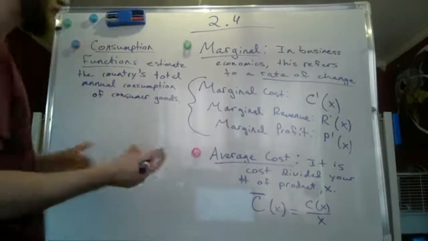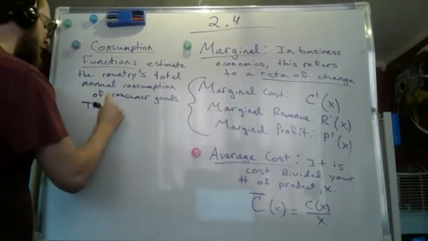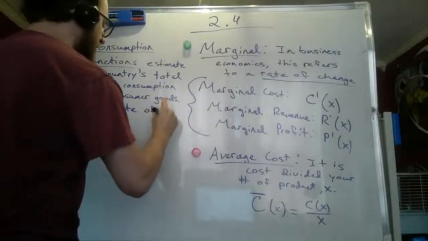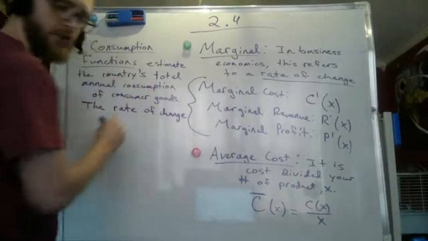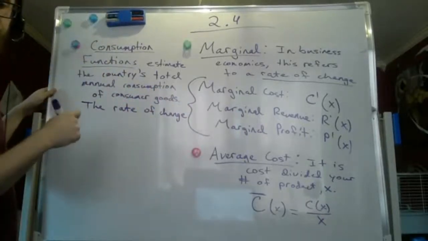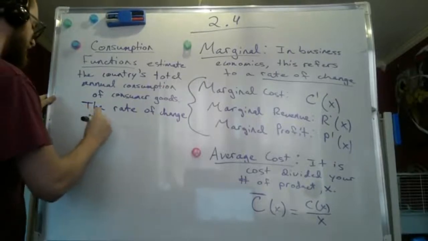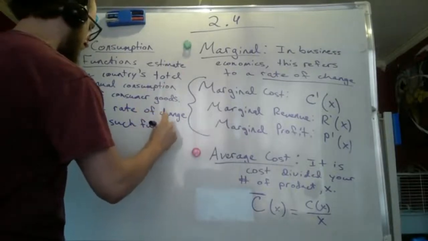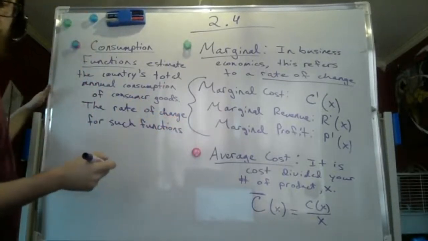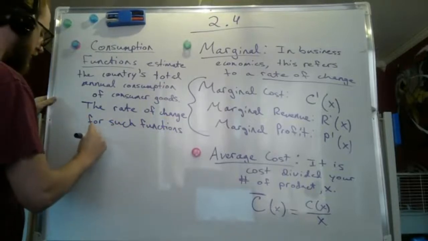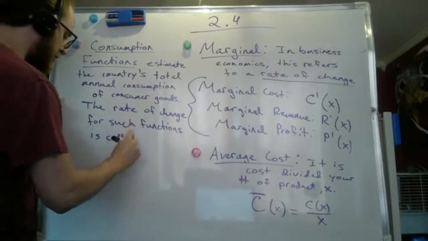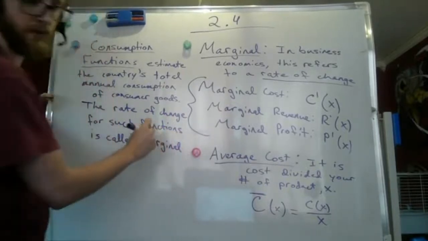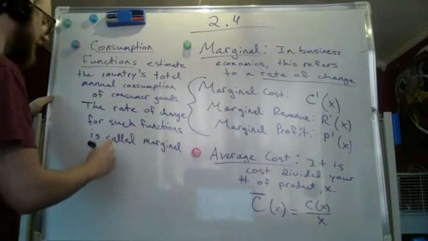So the rate of change, and remember when you see rate of change, be thinking derivative, the rate of change for such functions is called marginal propensity.